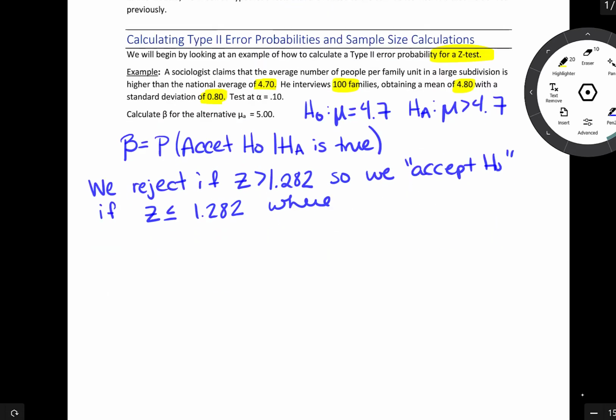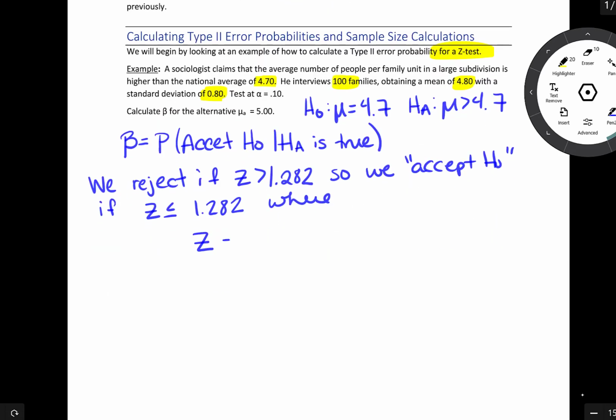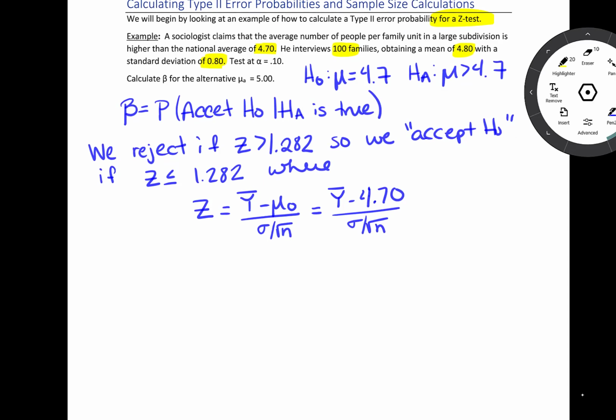Where our test statistic was as follows. Using this information, we know that beta is equal to the probability that z is less than or equal to 1.282, given, and remember whenever we calculate beta, we do have to specify a specific place in the alternative hypothesis.